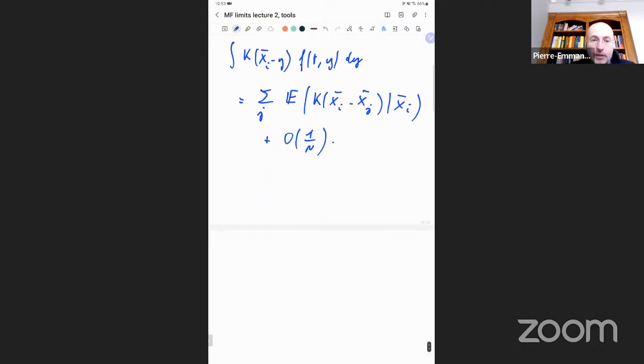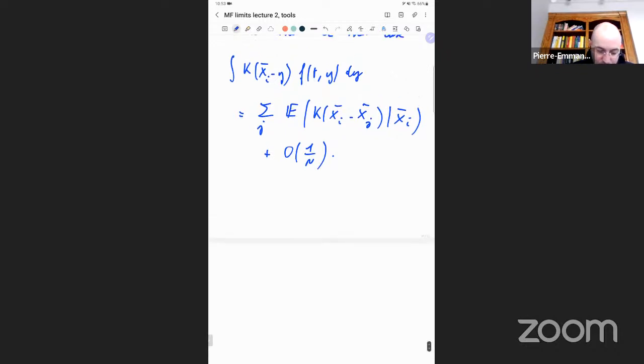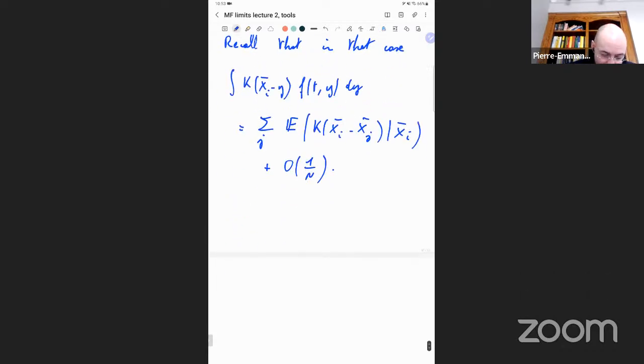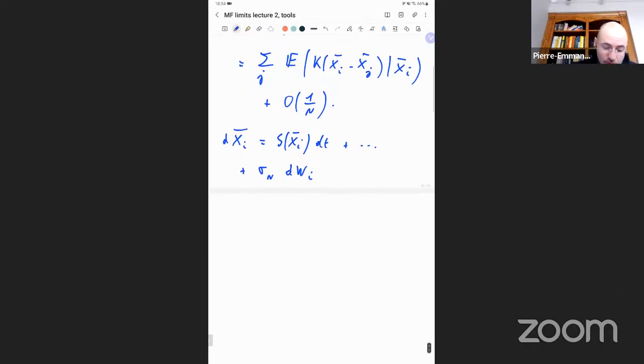And now I can compare. So I have to be a little bit careful. When I take those copies, now I want to have this x bar i, plus the interaction term that I'm not going to rewrite, plus sigma n dWi. Now, let's be very, very careful.